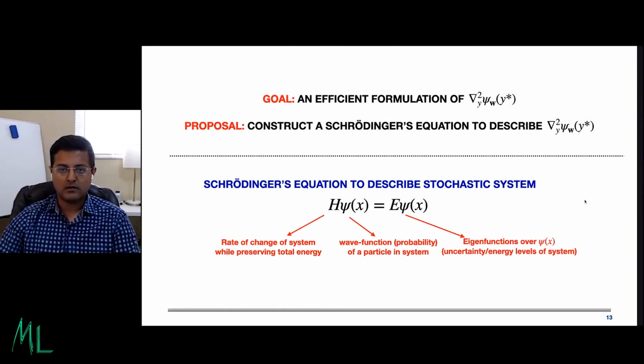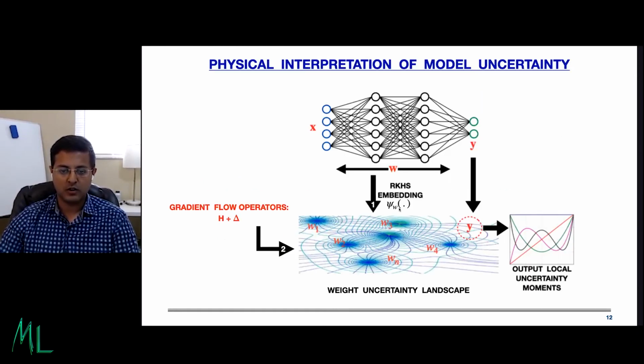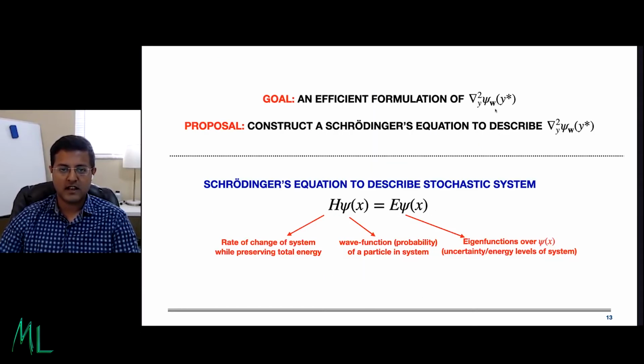So I have discussed how to characterize the PDF of the weights. But now the second aspect of our framework is how to come up with an efficient formulation of the gradient flow of the PDF of the weights. So here, the proposal is to construct a Schrodinger's equation to describe this gradient flow of weights.